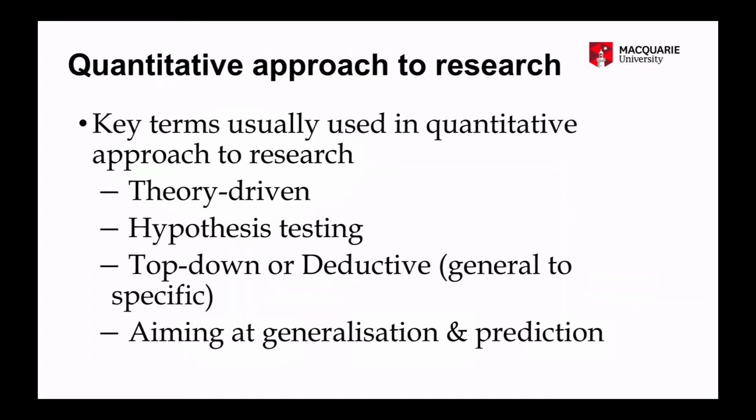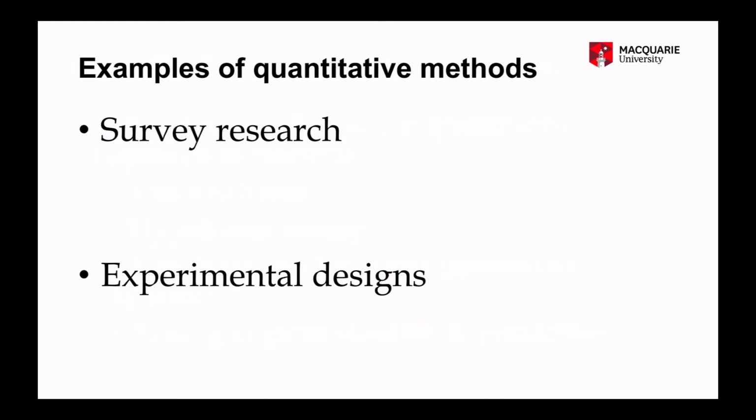It is also called top-down or deductive, because researchers start with a more general theory and then they try to test specific hypotheses related to that theory. So it's from general to specific. And as I indicated before, the main aim is generalization and prediction about target and similar populations. Some examples of quantitative methods are survey research and experimental designs, which will be discussed further in future videos.